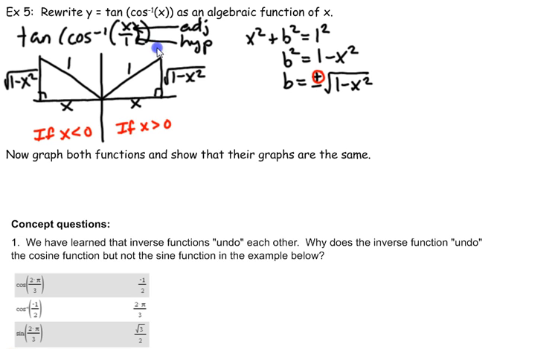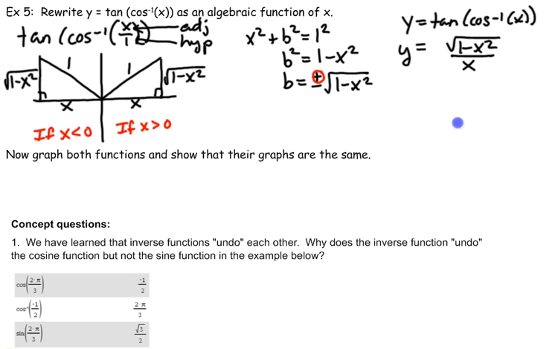So notice that if x is positive or negative, my actual ratio of opposite over adjacent looks exactly the same. So y equals tangent of inverse cosine of x, which is equivalent to the square root of 1 minus x squared over x.